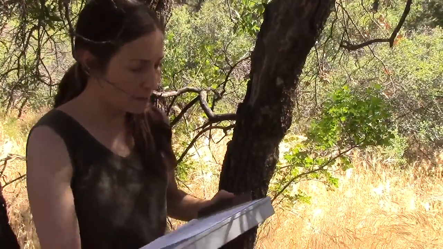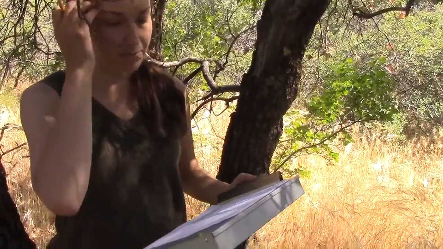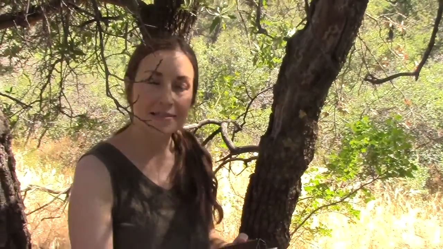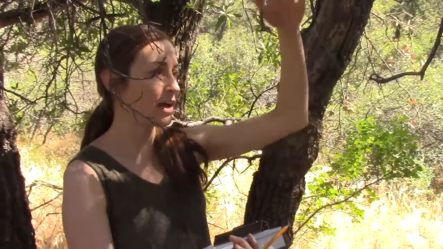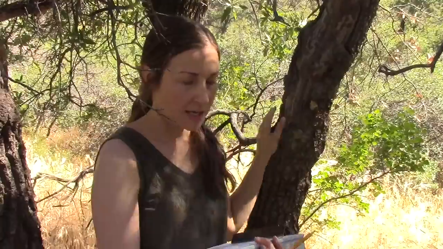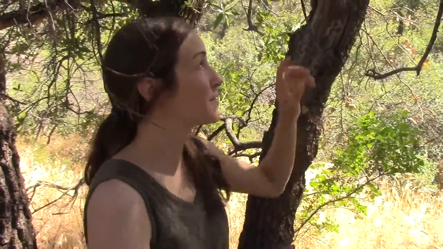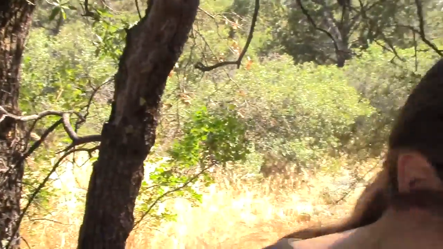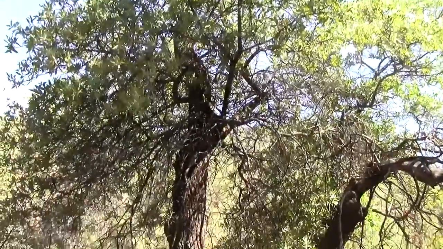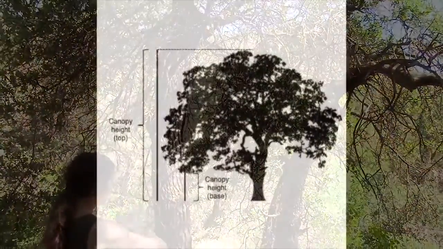So let's talk about the other measurements that we want to make for these trees. We want to get some kind of estimate of height. That's going to be important to understanding how these trees are growing and changing through time. And we're going to want to measure two types of height: height to the very top of the tree, and then height to the lowest branch on the tree.